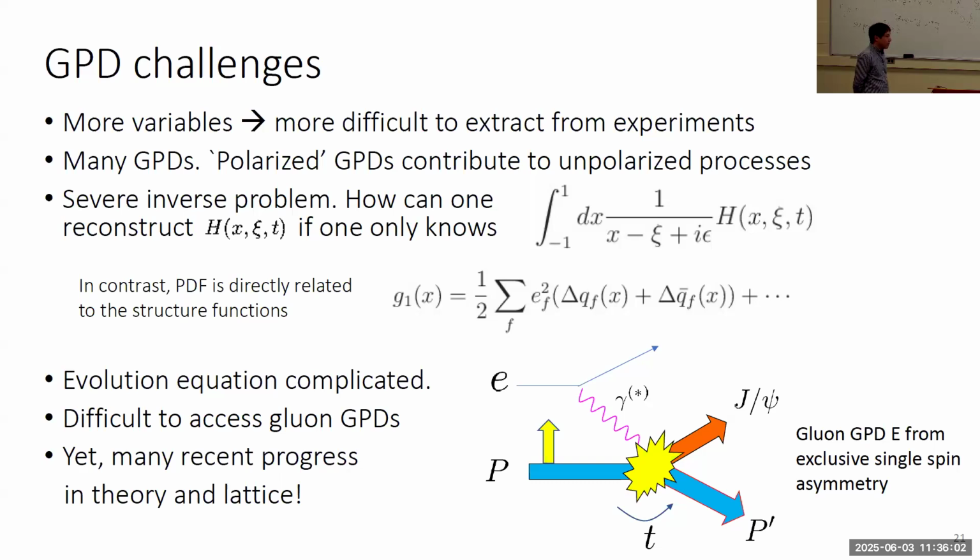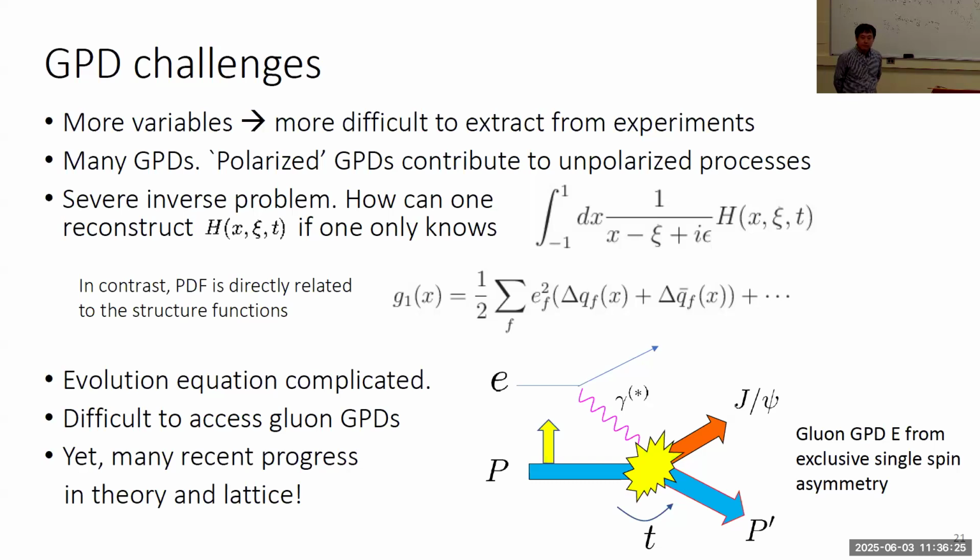They call it a shadow GPD. It means that if you have your DVCS cross section, you will always have this ambiguity up to what are called shadow GPDs. We tried to solve this problem a few years back, and I think we know how to deal with those.